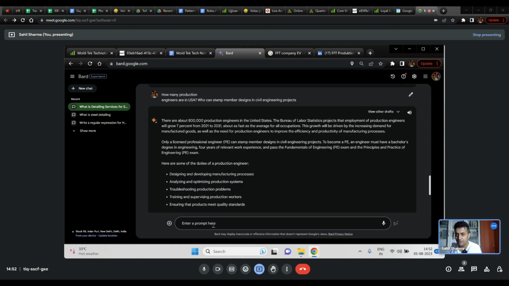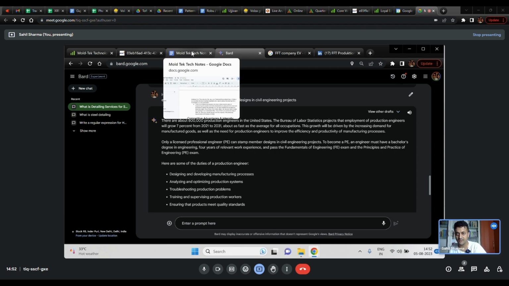There are 8 lakh professional engineers. And the growth is eye-popping. I mean, 7% growth is very fast growth, right? And the growth will be driven by increasing demand for manufactured goods. So even though this might look like a large number, it looks like this has to grow even faster given the amount of construction that they're doing.